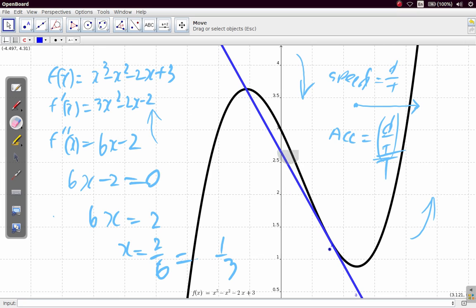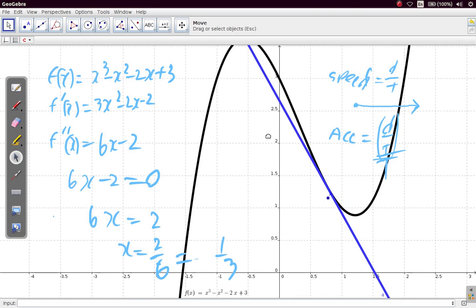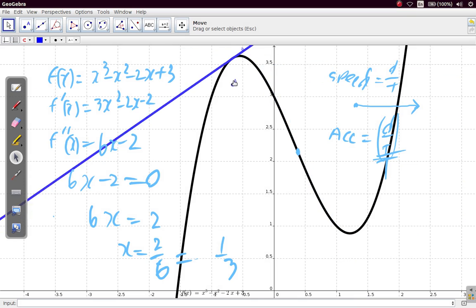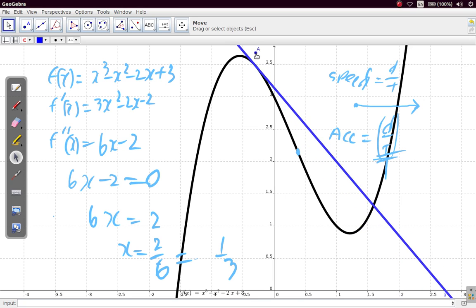Let me see if I can locate 1/3 more accurately. Let's get the curve upwards. 1/3, 0.3 is about here. Somewhere about there. All right, let me mark where it would be. Somewhere about here. So, if you follow the tangent and the swing, it goes more and more negative.